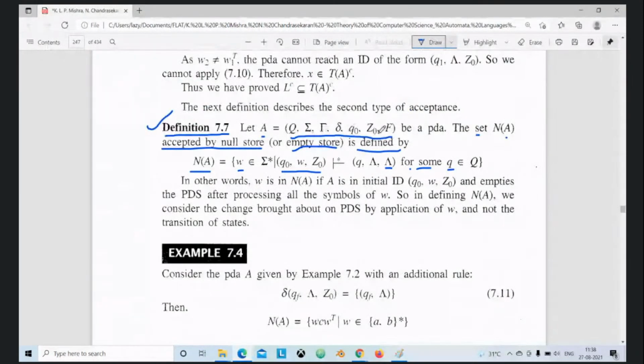See here, this Q is there. I think we have not defined this Q and this F. So 7 tuples will be required in order to define a PDA.